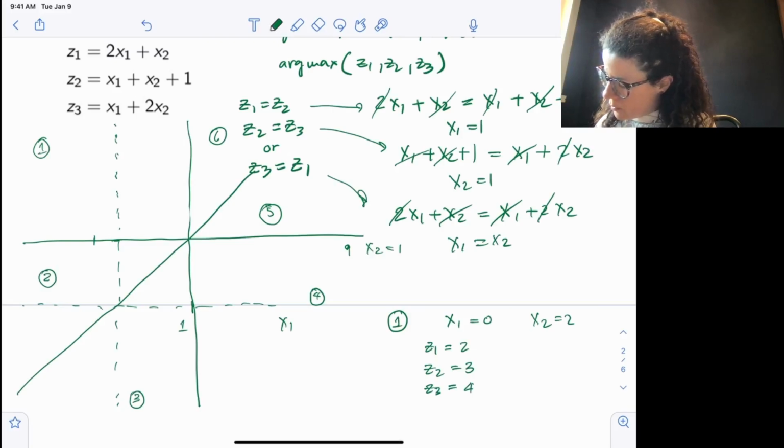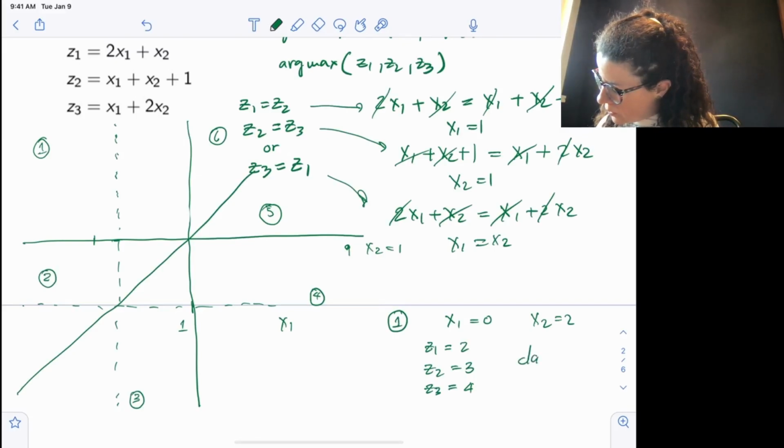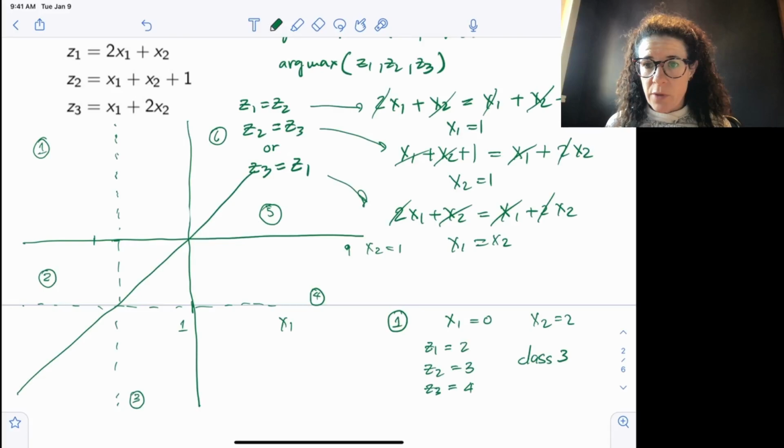So the prediction is class 3 in this case, because we have z3 which is bigger than z1 and z2. So the prediction here will be class 3, and that would be the prediction for the whole region.